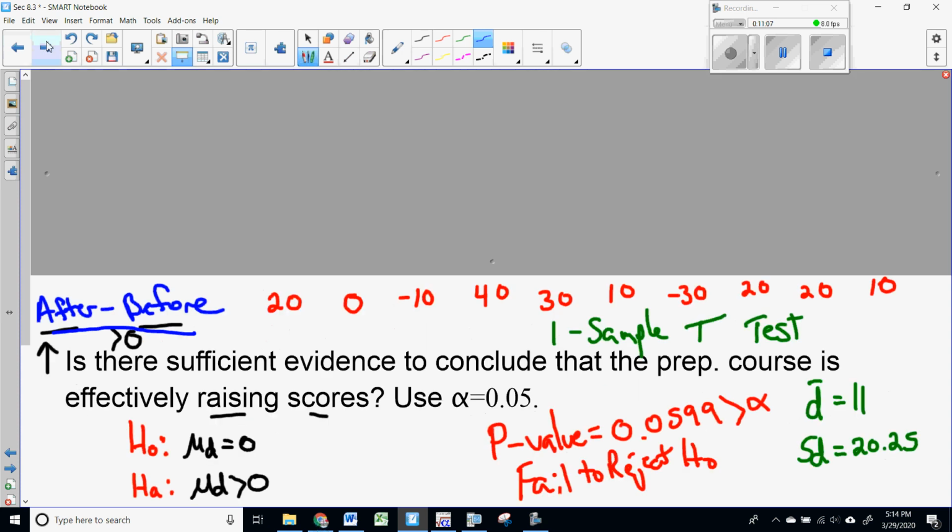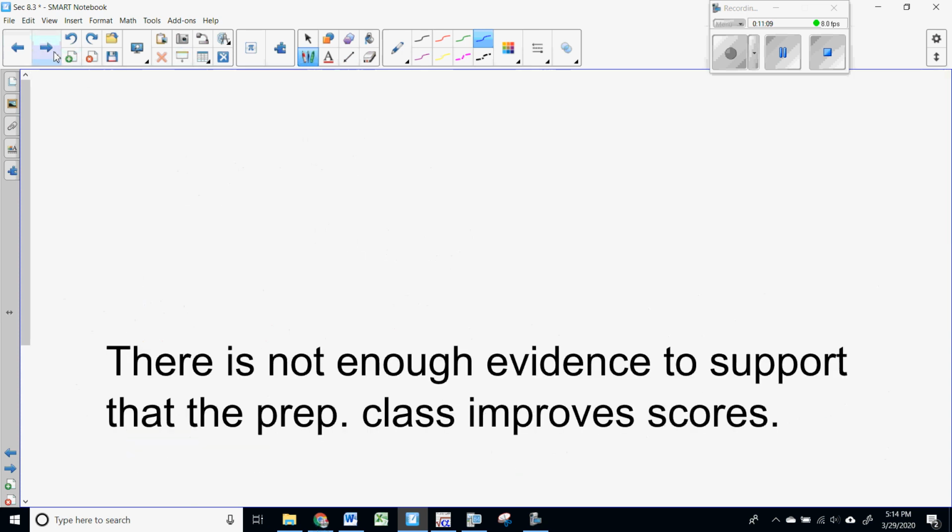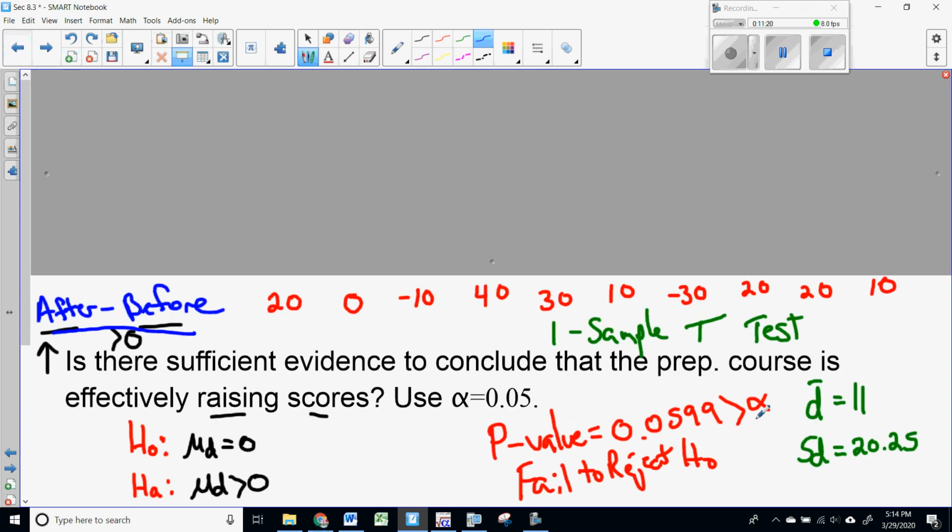So now we write our sentence: there is not enough evidence to support that the prep class improves scores. The p-value was close. It was basically 6%, which is bigger than 5 though. So we fail to reject. So we say there is not enough evidence to support that the prep course effectively raises the scores.